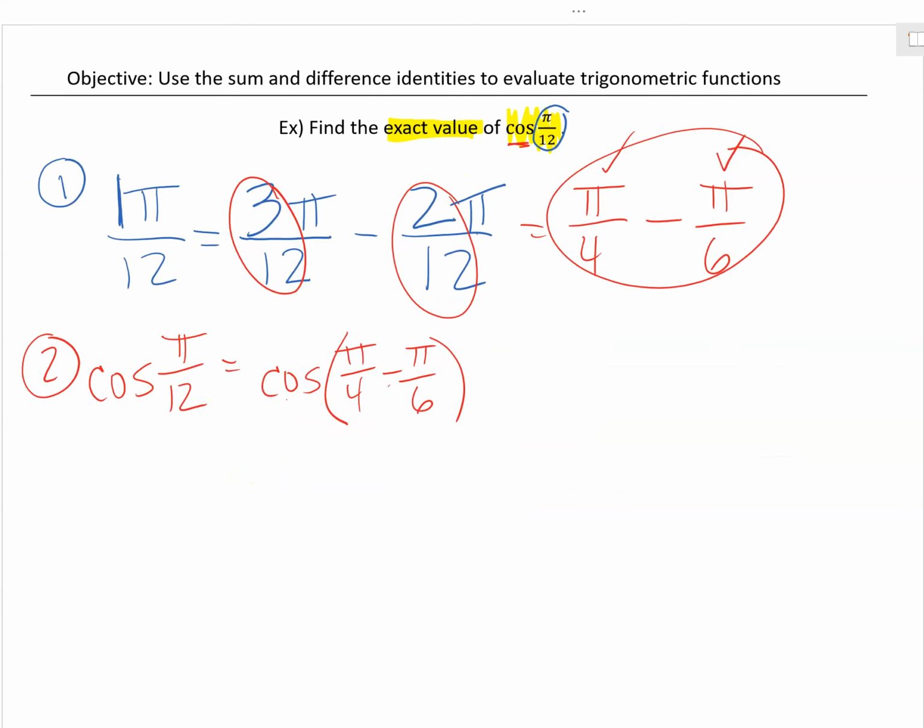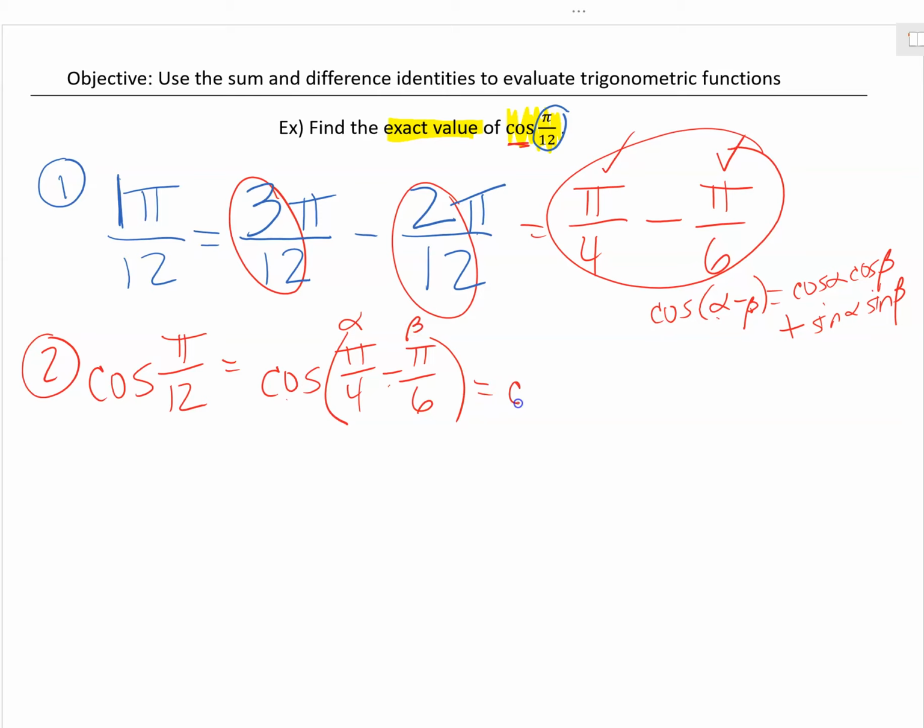So I have here my cosine of a difference. Cosine of alpha minus beta would be cosine alpha, cosine beta, opposite sign, so plus, sine alpha, sine beta. What I have to realize is that my alpha is going to be my pi 4ths, and my beta is going to be my pi 6.